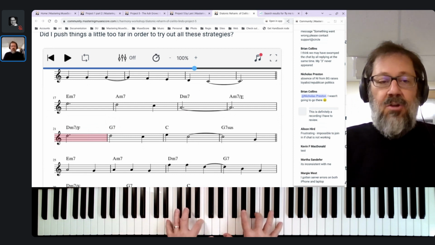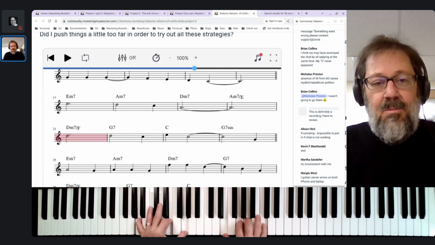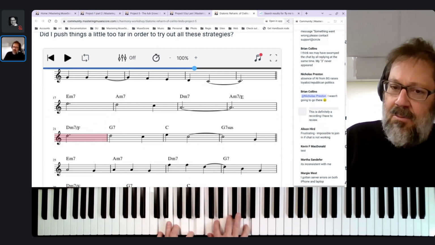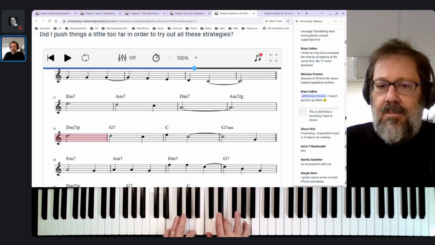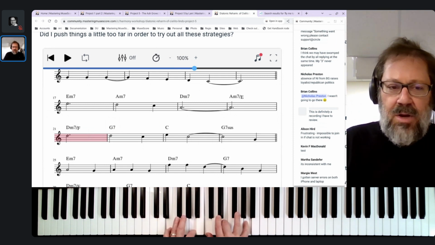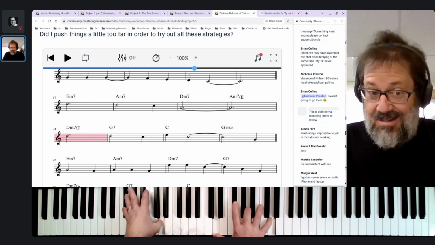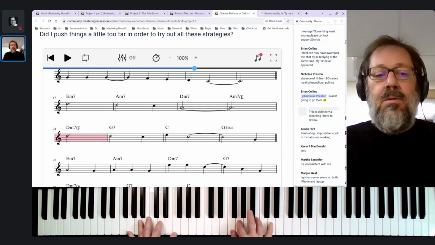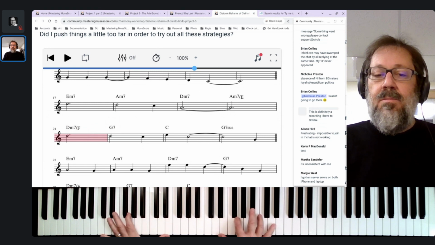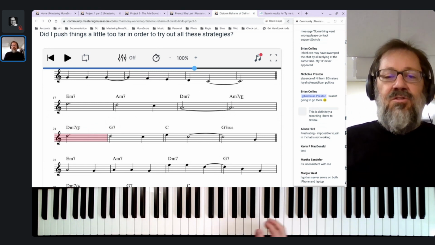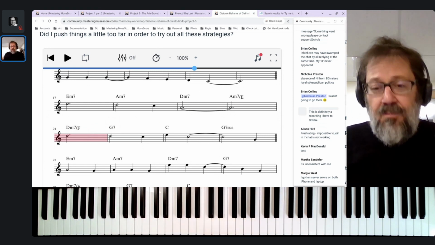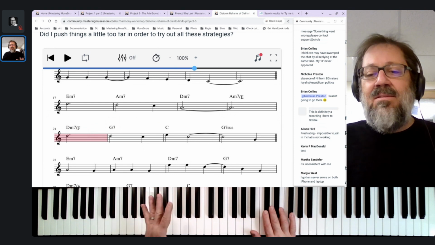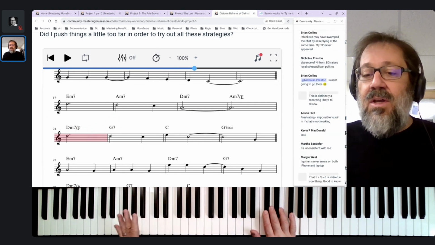Yeah. So dominant to minor, and then I went with minor, and then I played this chord as written, and then secondary dominant, D minor over F sharp to G7, going to C.